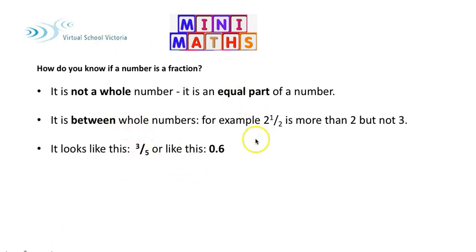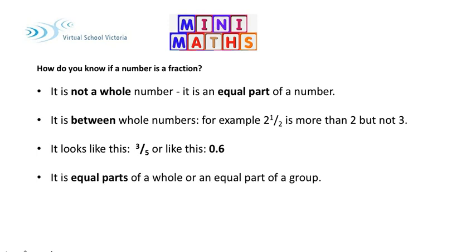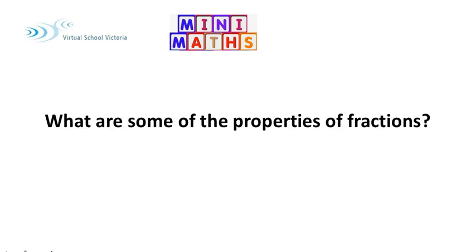And again, when you get near a calculator, do this and see how 3/5 is the same as 0.6. What else do we know about fractions? You know that it's equal parts of a whole group and it's an equal section on a number line.